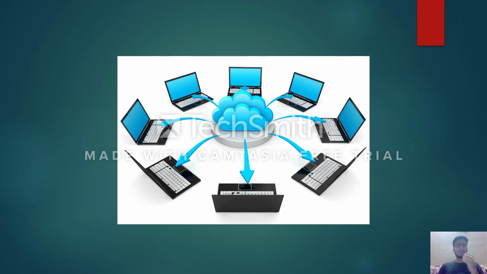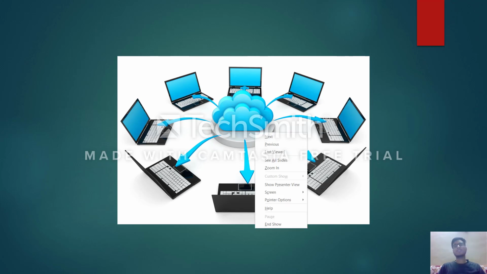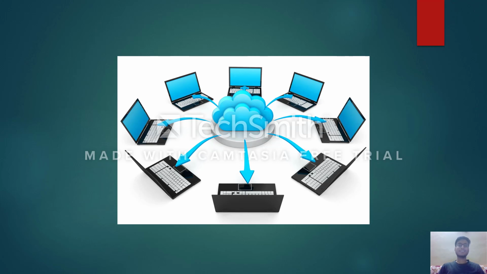Suppose you are the device on the left, at 9 o'clock, and you don't have a printer, but your friend who is far away has a printer. So what you do is you access the cloud and send a mail to him. He receives the mail, takes the printout for you, and gives it to you at work, in the college, or in the school.